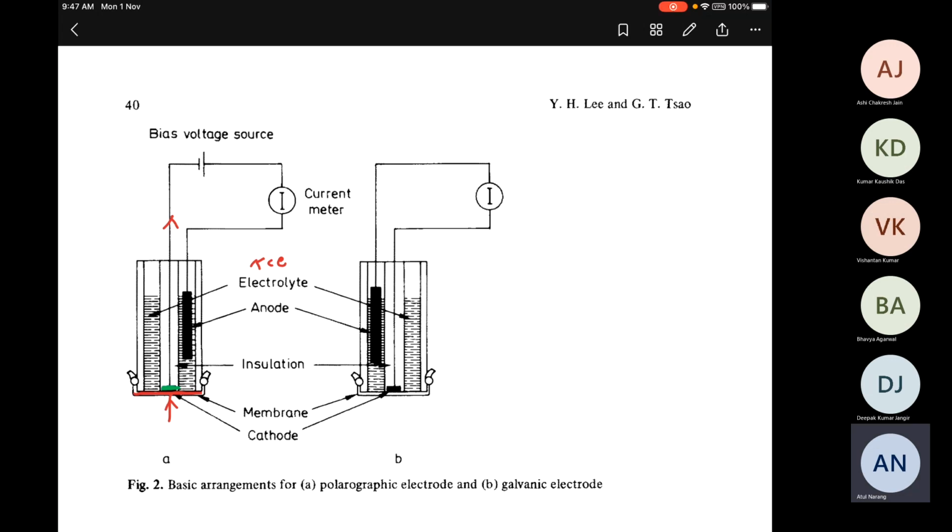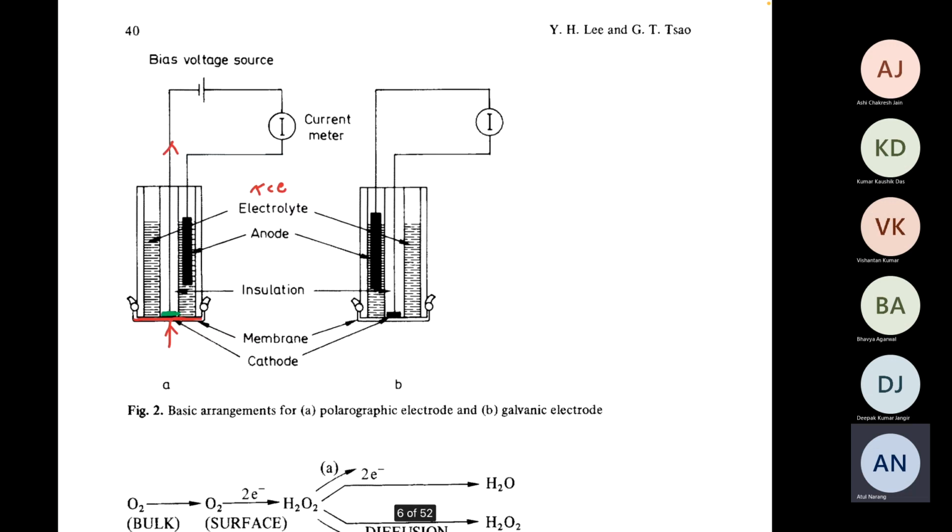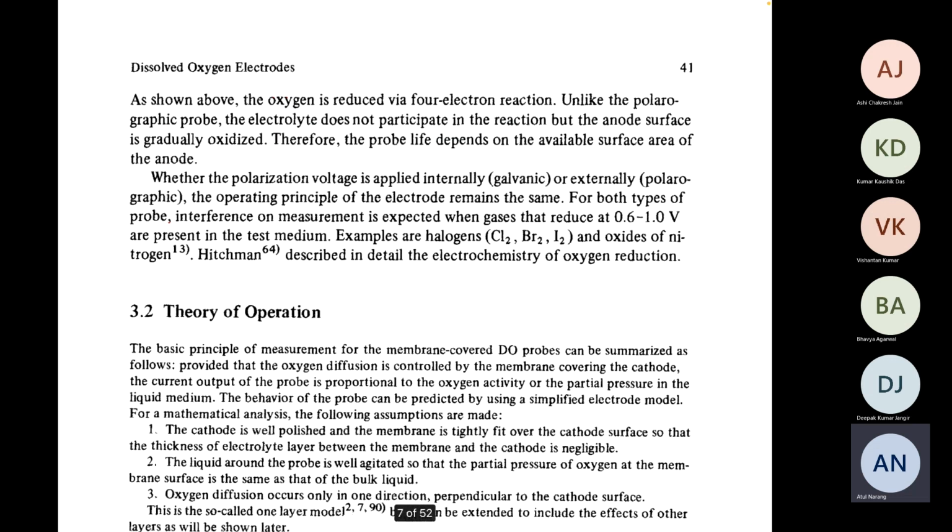But this membrane also makes the whole thing work very well, because it is mass transfer limited, essentially the flux across the membrane. Let's say this is the membrane, maybe I should show that too.